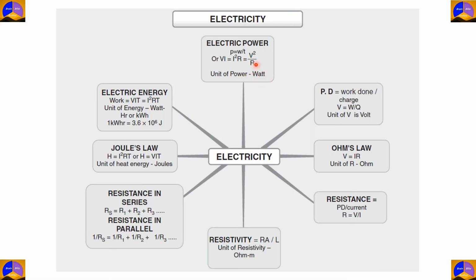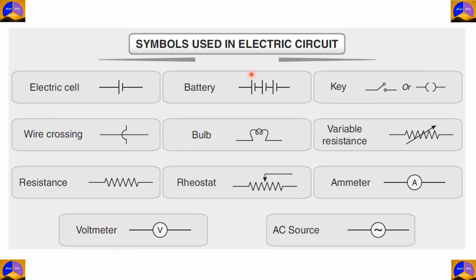This is the SI unit of power. Now let's revisit the symbols that we can use in an electric circuit. A single electric cell is represented like this, while a whole battery is represented like this. A key can be represented in two ways. This is how a rheostat or variable resistance should be represented.